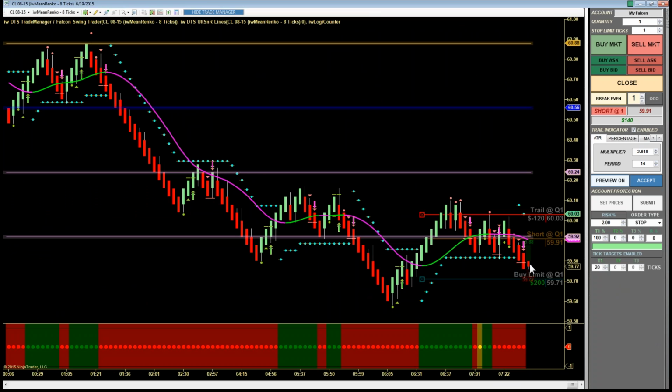I turned off the break even, although we just triggered the break even stop. We are closing in on our first profit target. So I'll keep an eye on that. I might need to take that to break even after all.